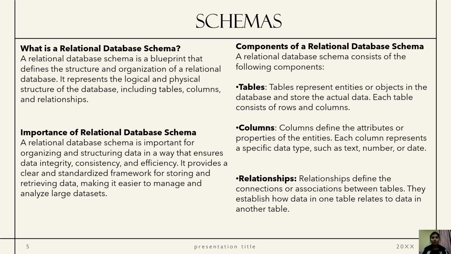Rows are nothing but the tuples, the records we insert for each value, and columns are the attributes we have for entities. Each column represents a specific data type such as text, numbers, or date. A relationship is defined as a connection or association between tables. They establish how data from one table is related to another table. So these are some of the components.